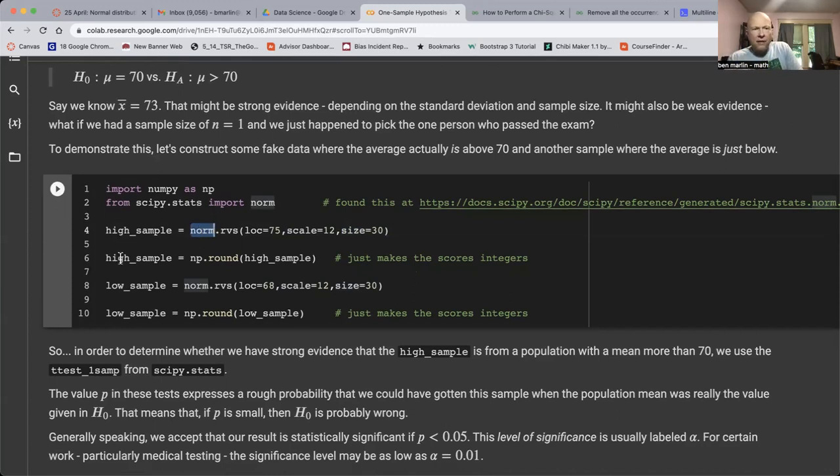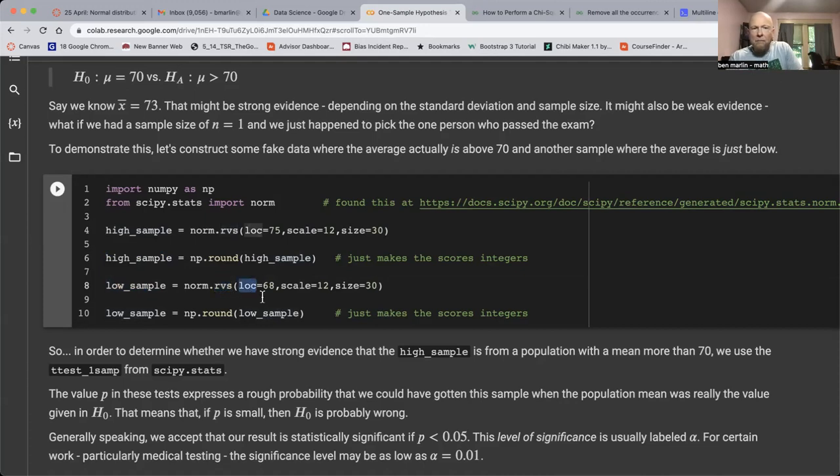Okay. And then I went ahead on this sample here and rounded everything to the nearest integer because, you know, it's test scores. It doesn't make sense to have them be a bunch of decimals. And then the low sample, I went ahead and did a random variable sample from that.